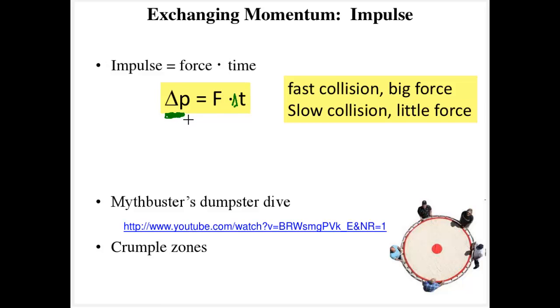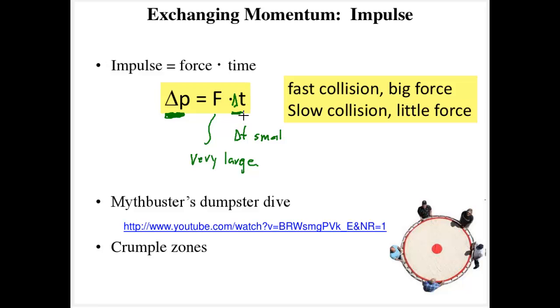What you might be able to control is this change in time, or how long the forces were acting for. What this is saying is, if you have a very, very fast collision, so this delta t is going to be very small, then correspondingly this force must be very large.